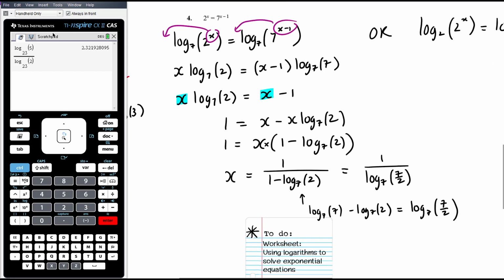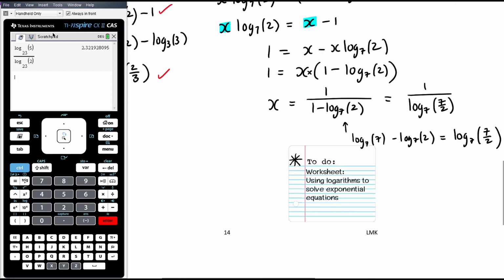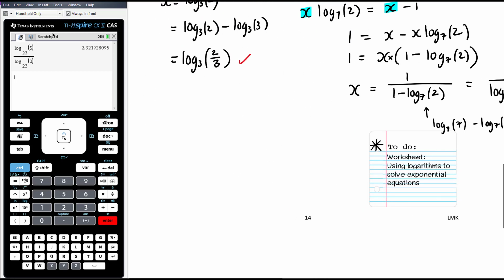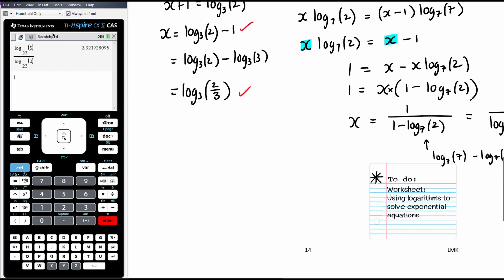That's why, as I said, I've provided the decimal approximations for you in the answers on the worksheet, not because I want you to give decimal answers unless it tells you to, but I just want you to be able to check that your answer, if you've done it differently to how the solutions did, is still a correct answer. So the work here is on a worksheet using logarithms to solve exponential equations.